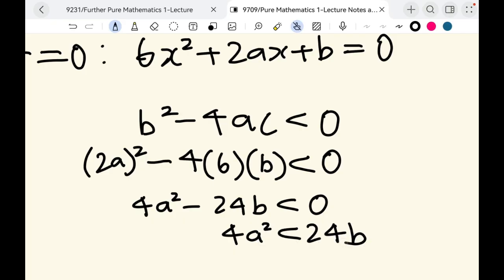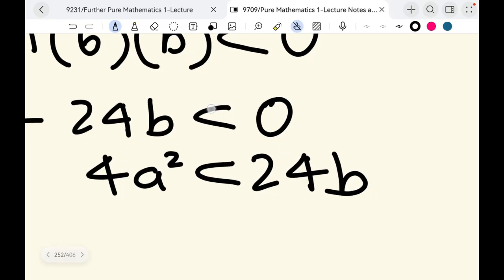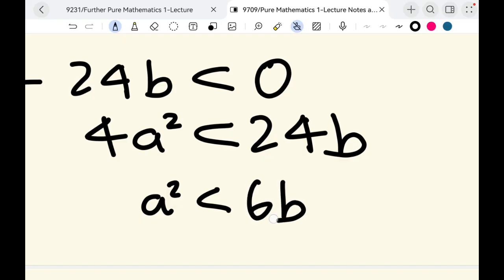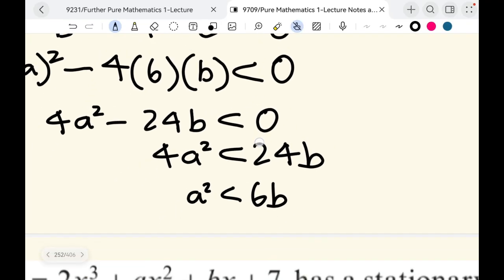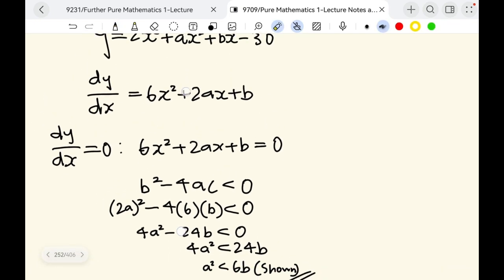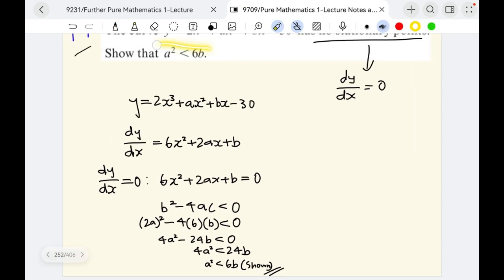Divide 4 at both sides, which you will get a squared is less than 6b. Therefore, shown. Until here, you have successfully proved the answer required above.